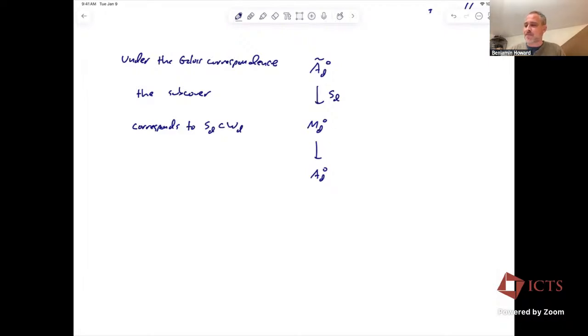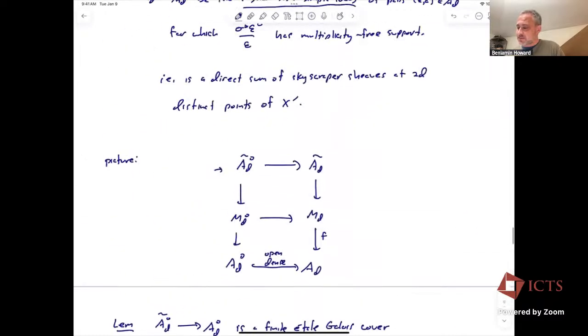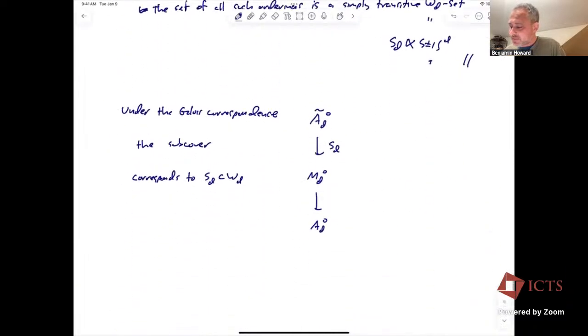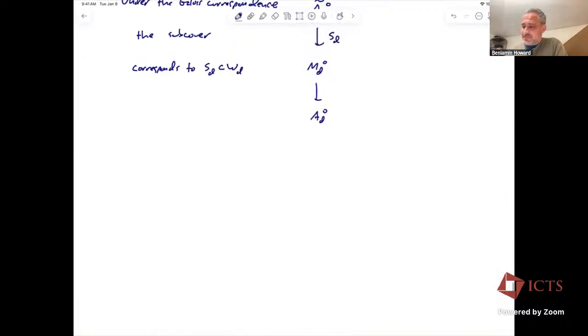Okay? But that's a pretty good explicit understanding of what this Hitchin stack looks like, at least over this open dense subset of the base AD. And now the magic starts to happen.